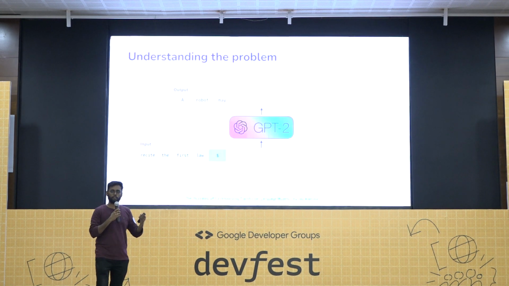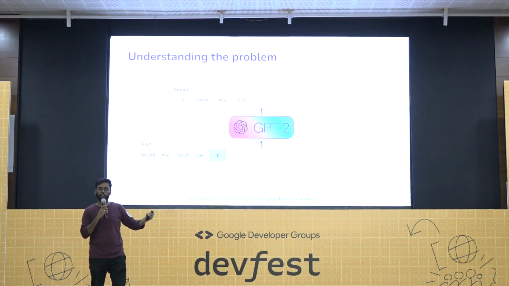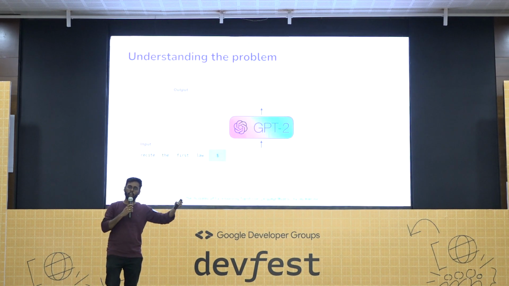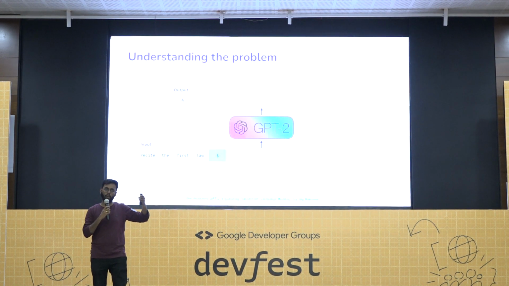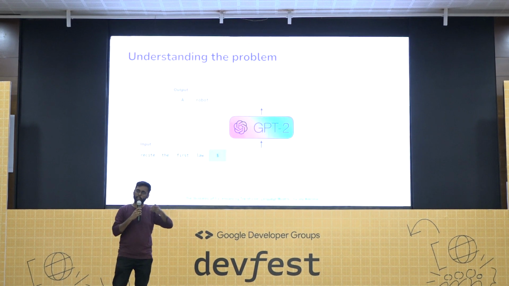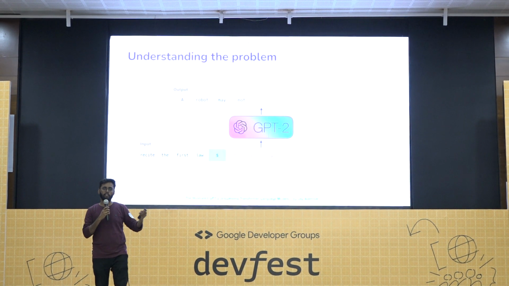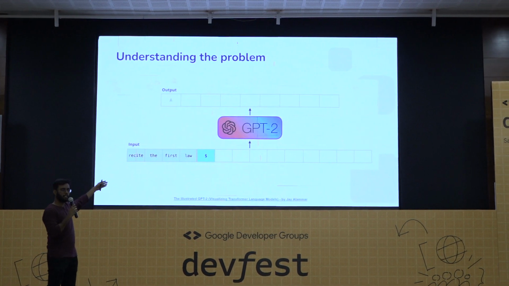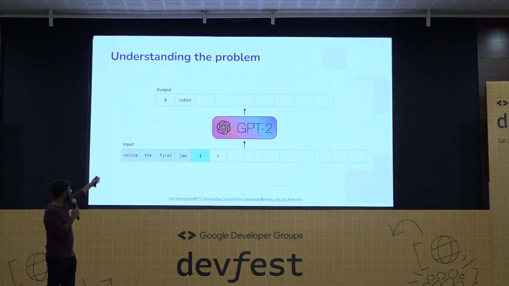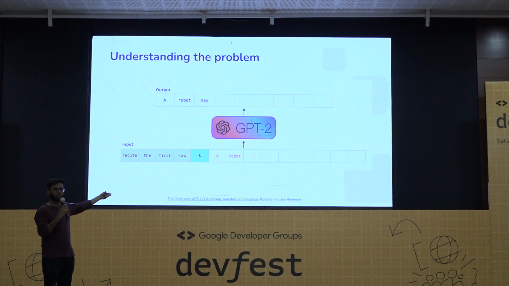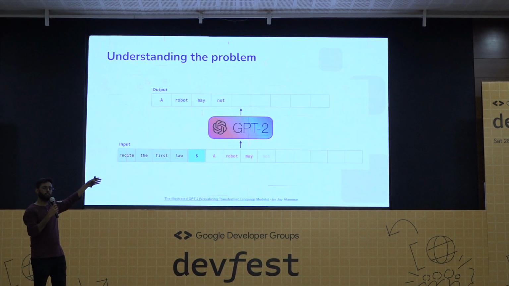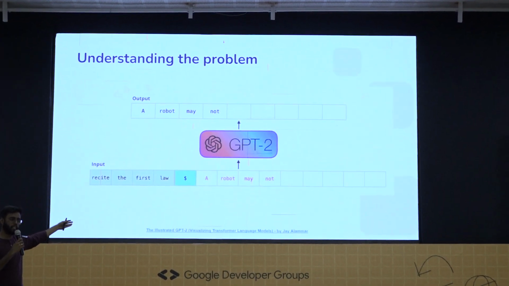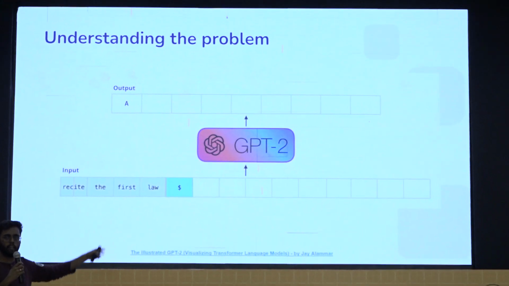So either every time you predict the next token you repeat the calculation and compute it again, or you can save that in memory. Once you have calculated it for A, you can save it in memory and use that for robot. Once robot is calculated, you can append it to what you had for A and save it, and so on.